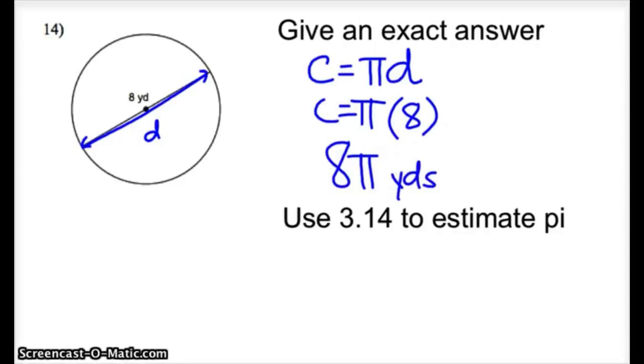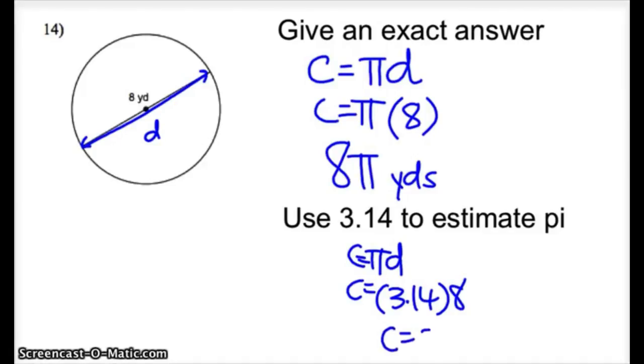That's my exact answer. If I used the same equation and I wanted to estimate, I'm going to substitute 3.14 in for the symbol of pi, and I'm going to multiply it by 8 to get a circumference of 25.12 yards.